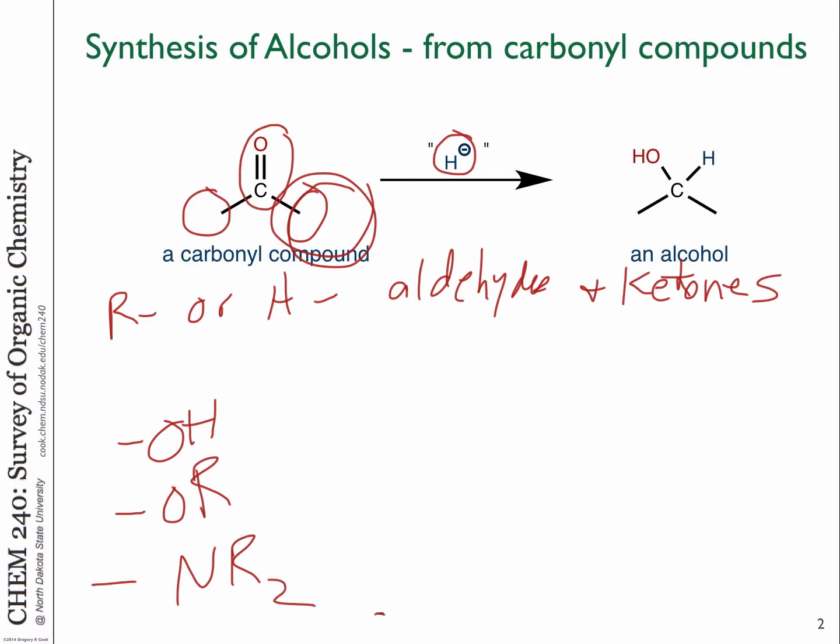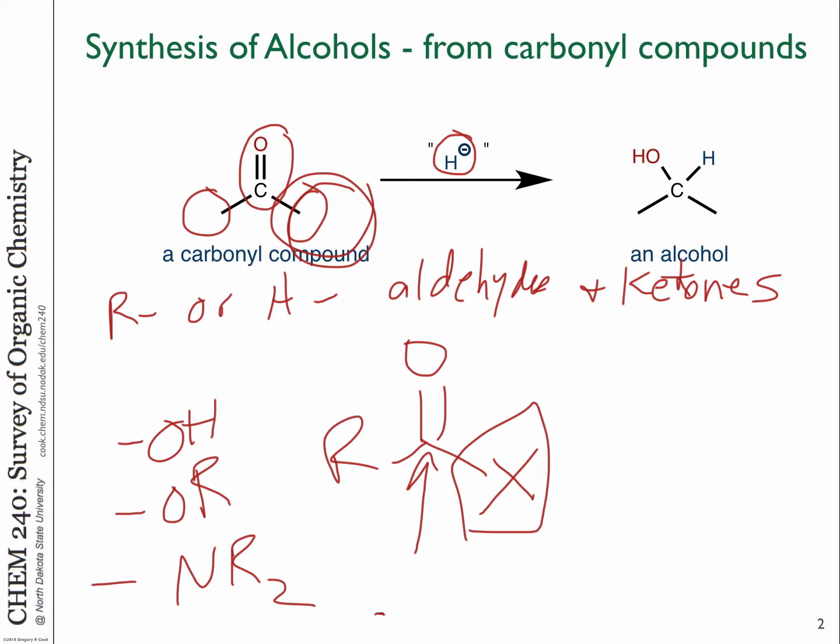There's lots of different derivatives of carboxylic acids. So things that have some other heteroatom in this position. Those are a little bit less reactive as electrophilic species. In other words, that carbon is less positive. So it takes a little bit stronger reacting species to react with it. So our hydride reducing agents that are required need to be more reactive.